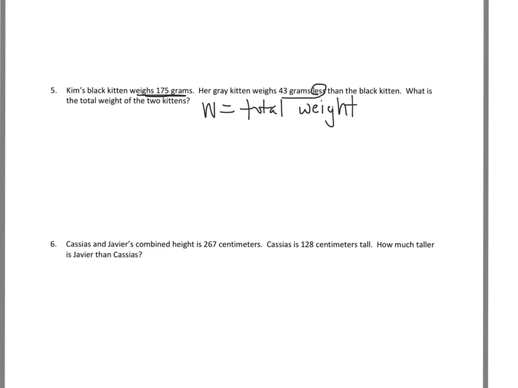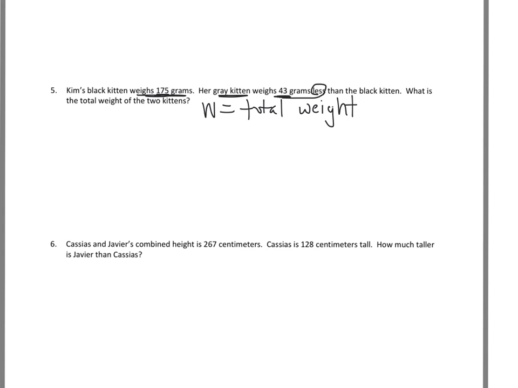So the first thing I have to figure out is how much the gray kitten weighs, because it doesn't tell me. It tells me the black kitten. So I know that 175, and then take 43 less, that'll get me the gray kitten.